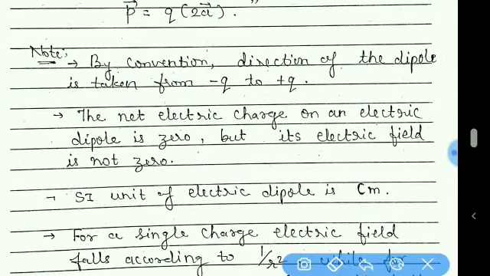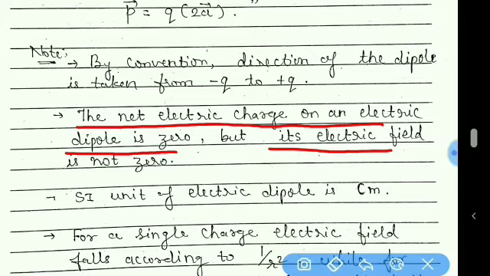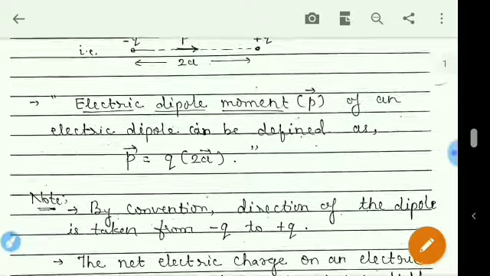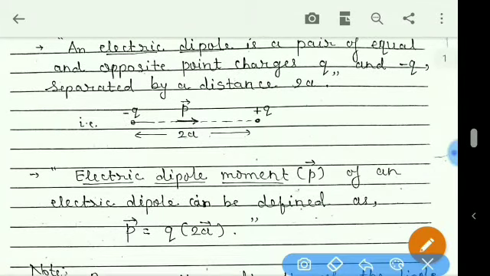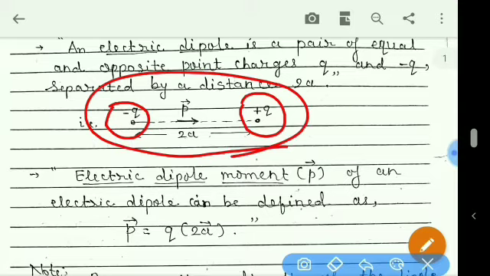Next is the net charge on an electric dipole is 0, but its electric field is not 0. Net charge of a dipole is 0. Why? Because a dipole is made up of one negative charge and one positive charge. So the overall total charge will cancel out, because if we add these two charges then the result will be 0.